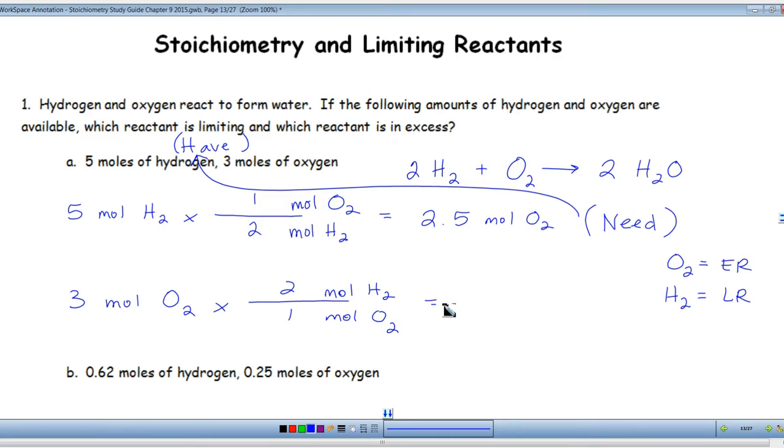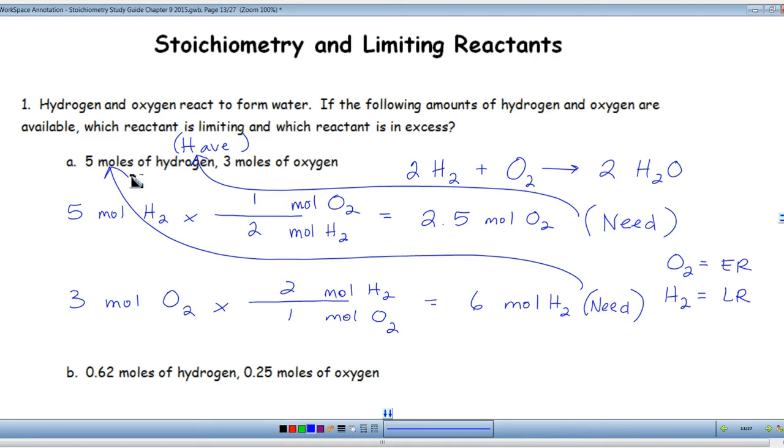So plug that in, I get a big fat 6. That's what I need. I need 6. Compare that to what you have. Oh, you see where this is going, right?